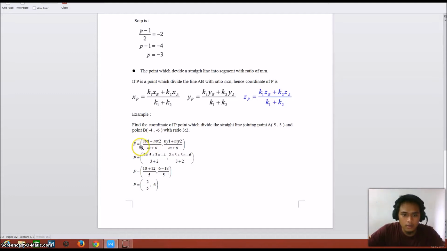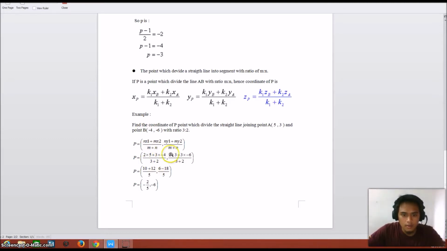P is equal to (n x1 plus m x2) divided by the sum of its ratio, (n y1 plus m y2) divided by the sum of its ratio. Okay, P is equal to 2, its ratio n, multiplied with 5 here, plus 3, the ratio m, multiplied with -4, and divide by the sum of its ratio.